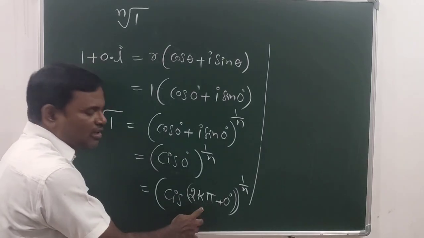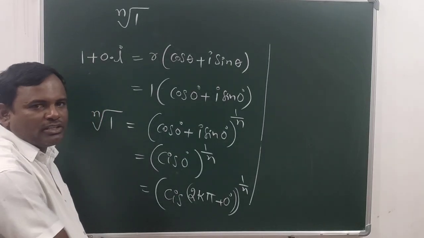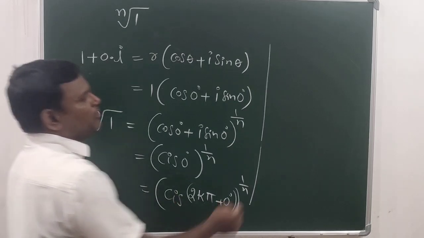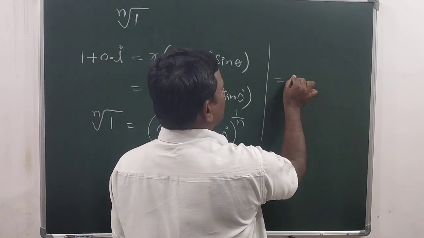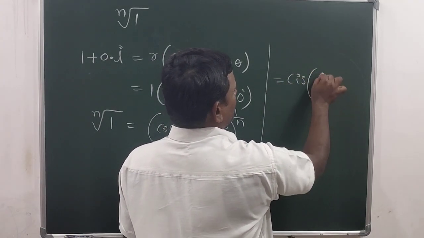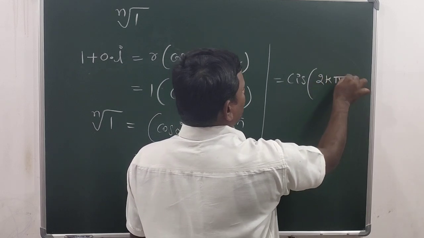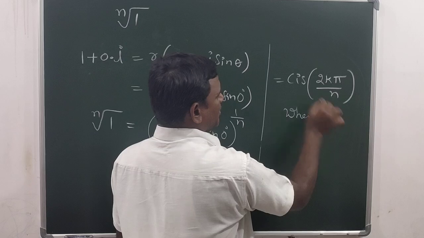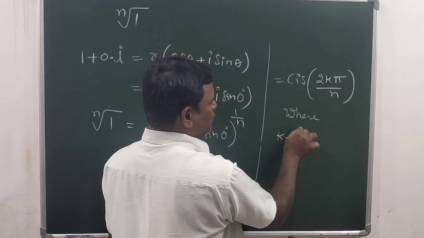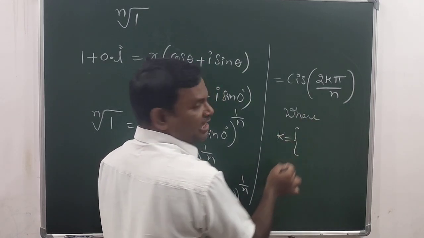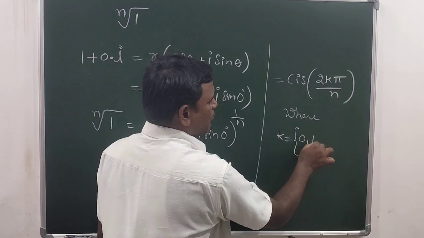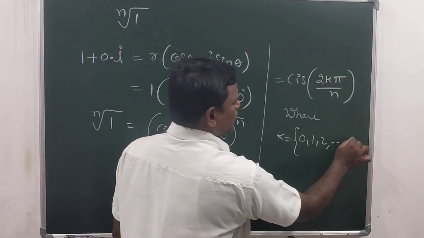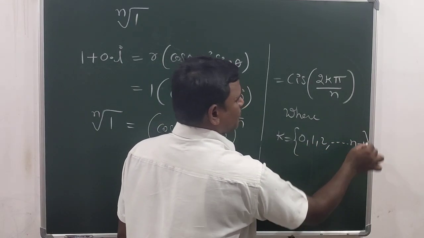Now hereafter apply the De Moivre theorem for this. If you apply the De Moivre theorem, we get cis of 2k pi by n, where k takes the values 0, 1, 2 and so on till n minus 1.